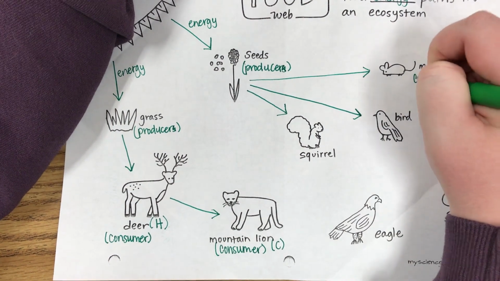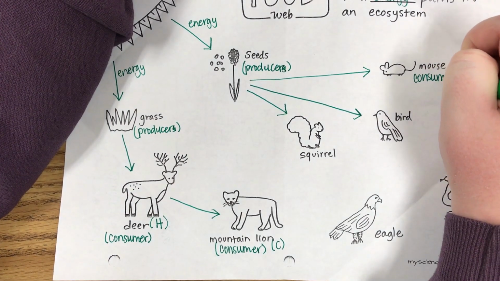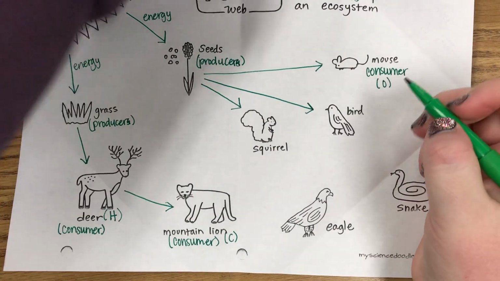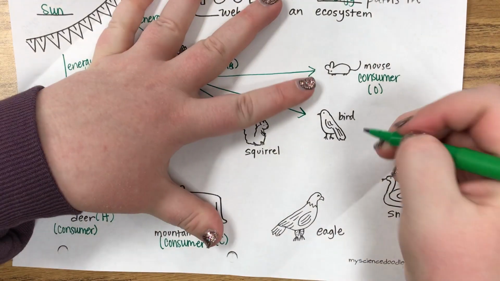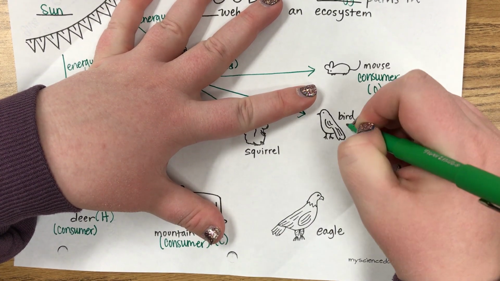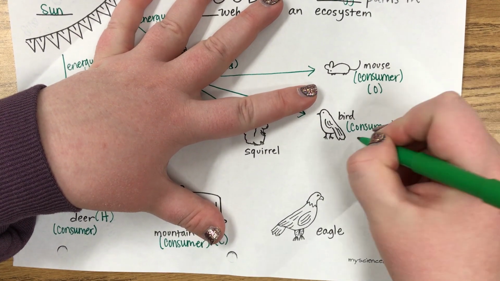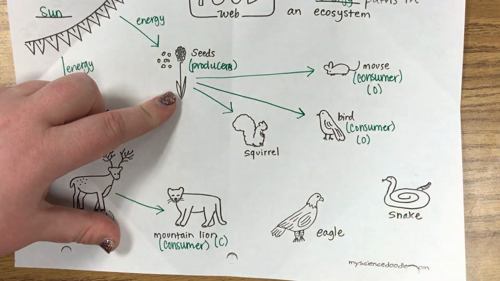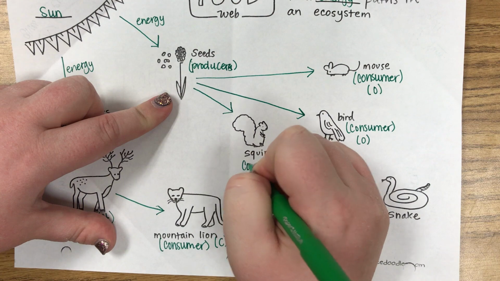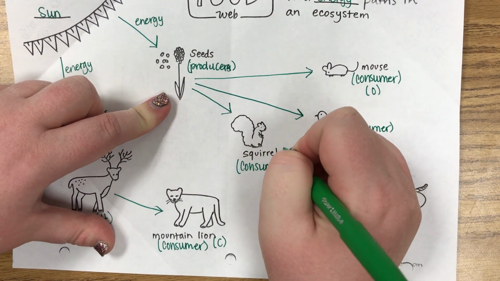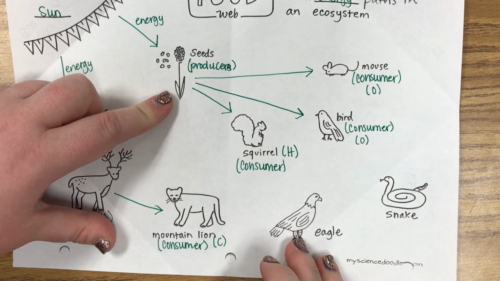So this is also a consumer, and it's an omnivore because it might eat bugs also. The bird is also a consumer, and it is also an omnivore. It eats seeds, and they also eat worms and bugs. And the squirrel, consumer, but this guy is just an herbivore.